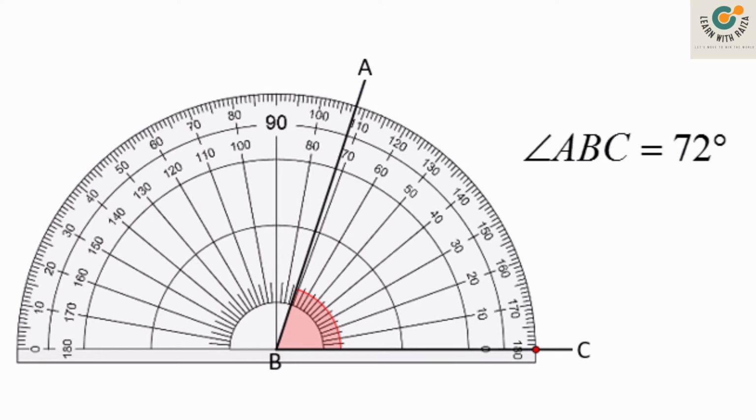This is a protractor. The figure shown above is the protractor, and it is numbered from 0 to 180 degrees clockwise and also anti-clockwise. The line that is indicated by 0 and 0, we call the base line.